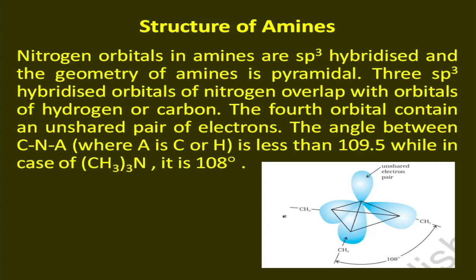In the nitrogen structure, sp3 hybridization gives a pyramidal geometry. The 3 sp3 hybridized orbitals overlap with hydrogen or alkyl groups, and the fourth orbital holds the unshared pair of electrons, the lone pair.